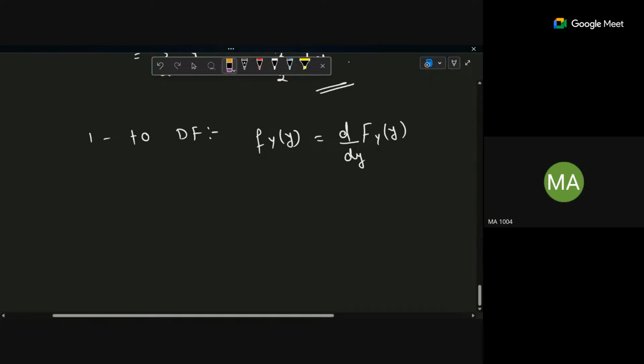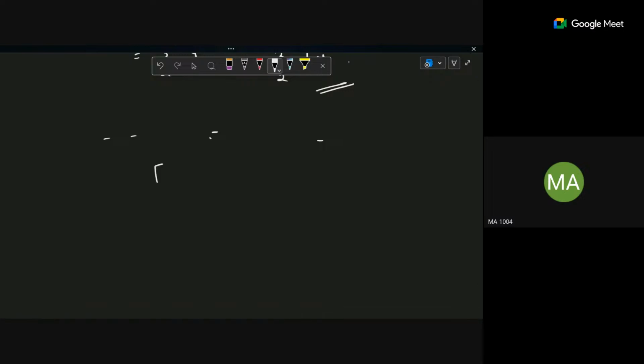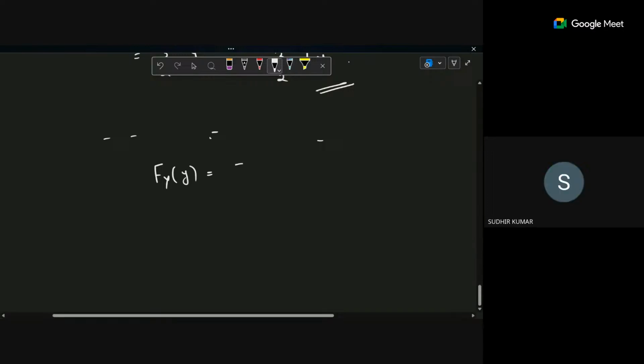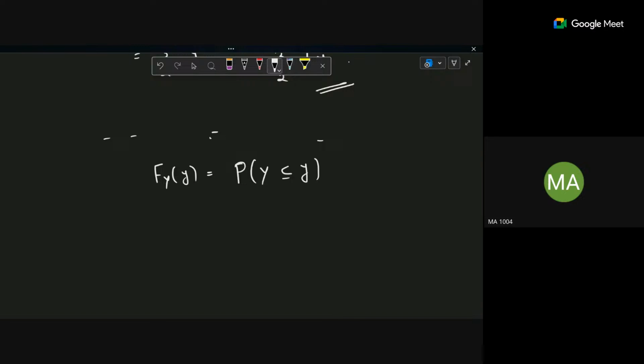Okay. Just tell me one thing. Very easy method to learn it. Let's say you have CDF. What is CDF? It's nothing but the probability. It's a cumulative probability, right? It adds all the probabilities. And what is similar to addition? Integration, right?